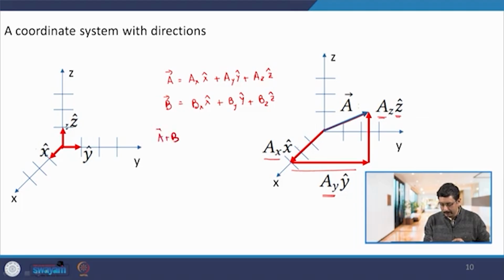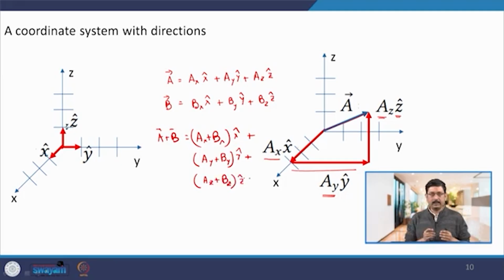The vector A plus B is made up of three pieces given by this particular rule. Let me demonstrate this rule in a simpler situation in 2 dimensions.